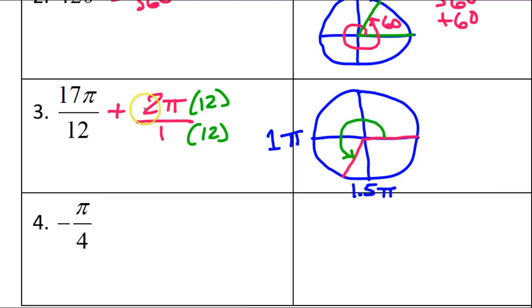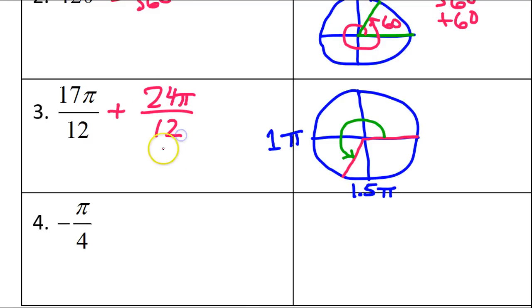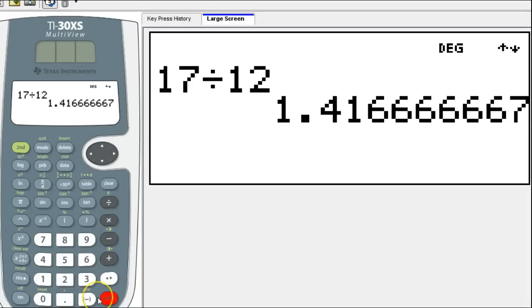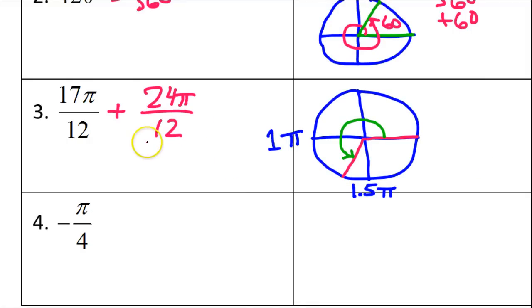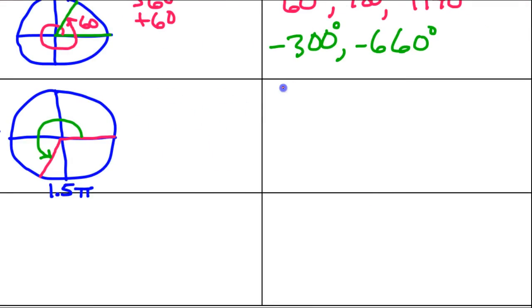So that's really going to make this 24 pi over 12. Okay, so hopefully you don't mind if I just erase that and put that 24 pi over 12. Alright, so that is 41. So this is going to be 41 pi over 12. So that is a positive coterminal angle.